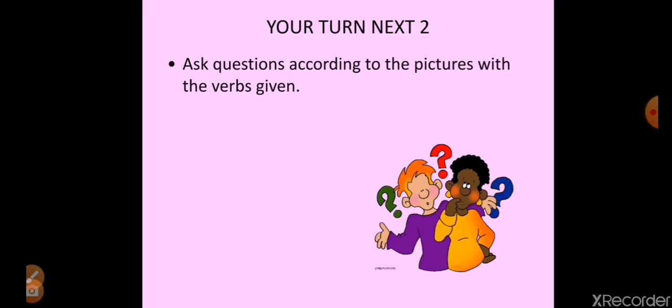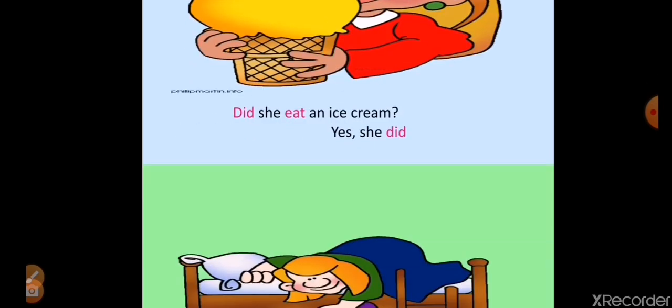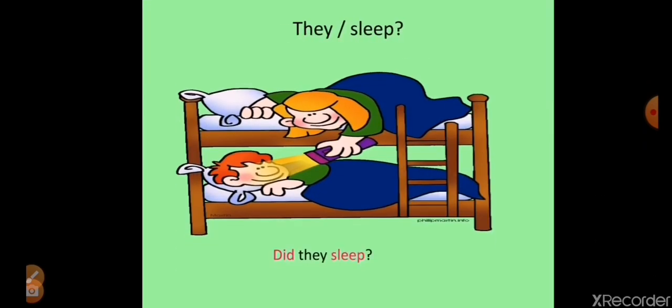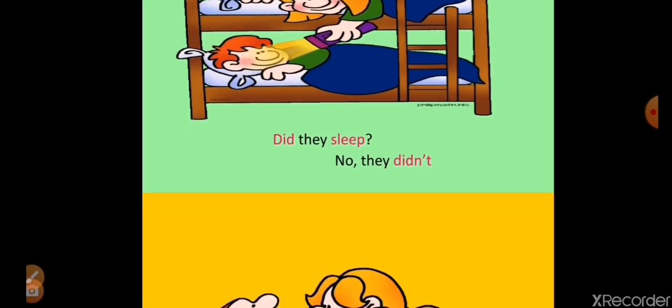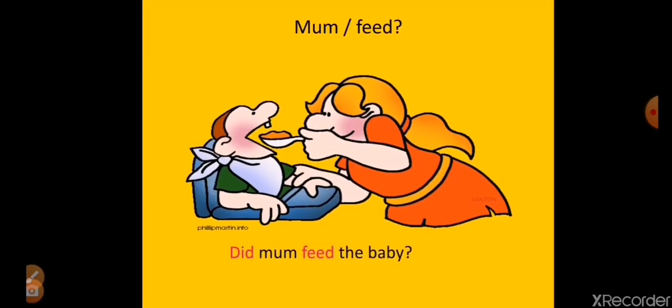Ask questions according to the pictures with the verbs given. We should make short answers and then check the answers. For example, she eat. Did she eat an ice cream? Yes, she did. Another one, they sleep. Did they sleep? No, they didn't. Another one, mom feed.